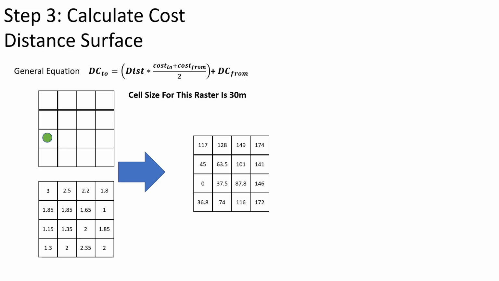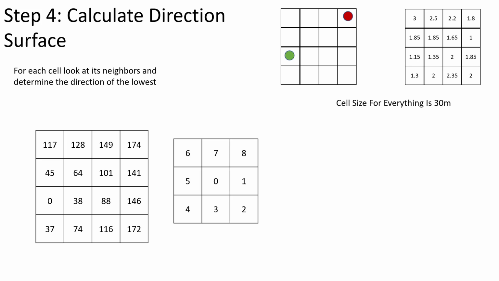Now we have to take that and convert it to the direction surface. Okay? So this is a little bit strange in the sense that if you've never done anything like this before, it can be a little bit confusing as to how we're assigning values. But what we're going to do is we're going to take any cell, we're going to look at its neighboring cells, so the neighboring 8 cells that are around it.